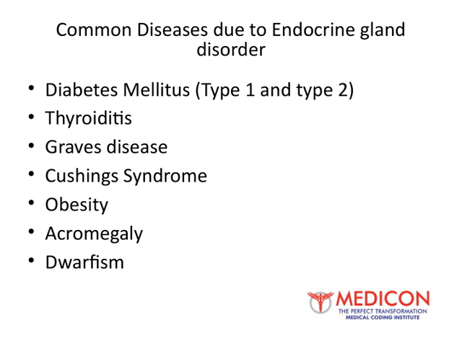It highlights how hormonal deficiencies during development can have profound effects on physical growth. These diseases really underscore the vital role of the endocrine system in maintaining overall health and how its disruption can lead to a wide range of health issues. Understanding these connections helps us appreciate the importance of proper endocrine function in our bodies.